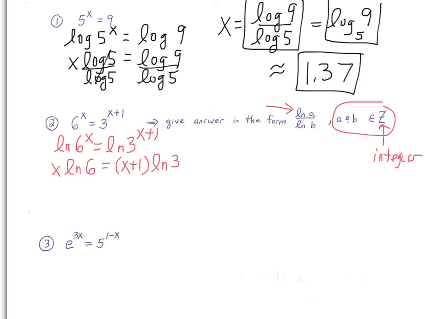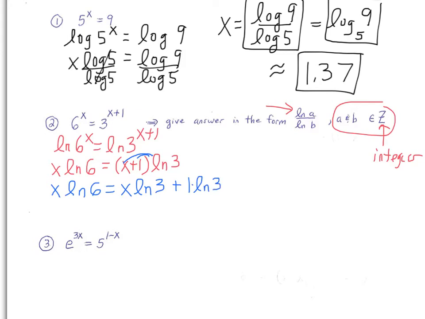Now we're looking to solve for x, so we need to get x alone. On the right hand side, we have 2 terms that have to be multiplied by the natural log of 3. So I have x ln of 6 on the left side. And on the right hand side, if I distribute, I would have x times the natural log of 3 plus 1 times the natural log of 3, or just ln of 3.